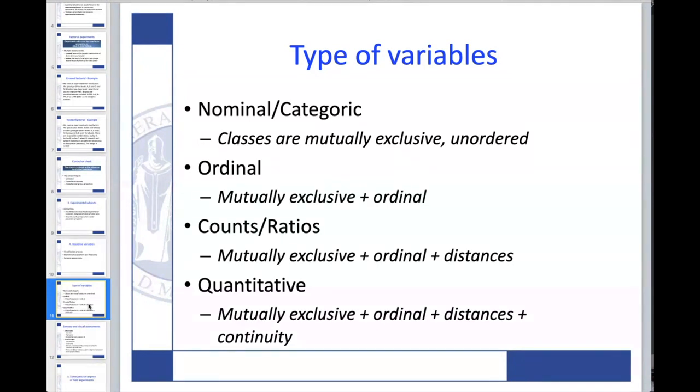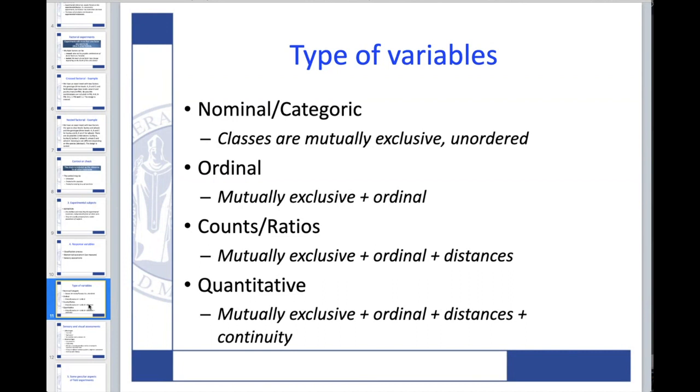So these are ordinal classes, because we know that if we give a score of 3, that wine is worse than when we give a score of 4. So they are naturally ordered.